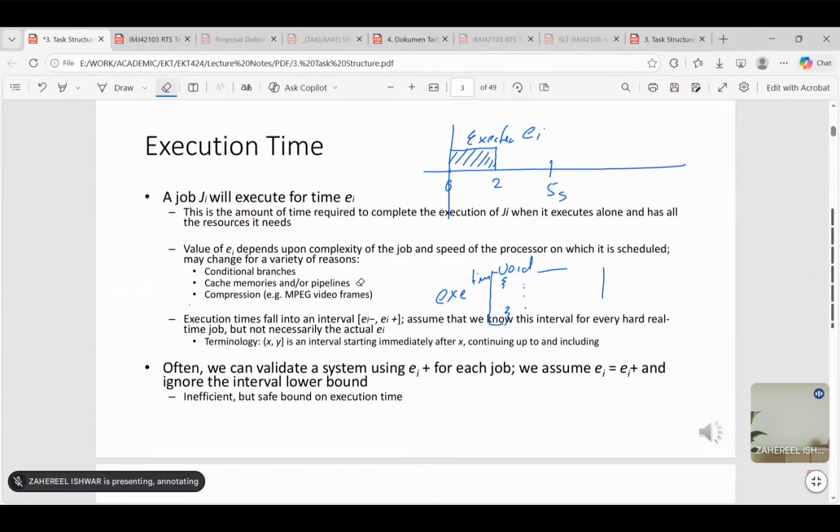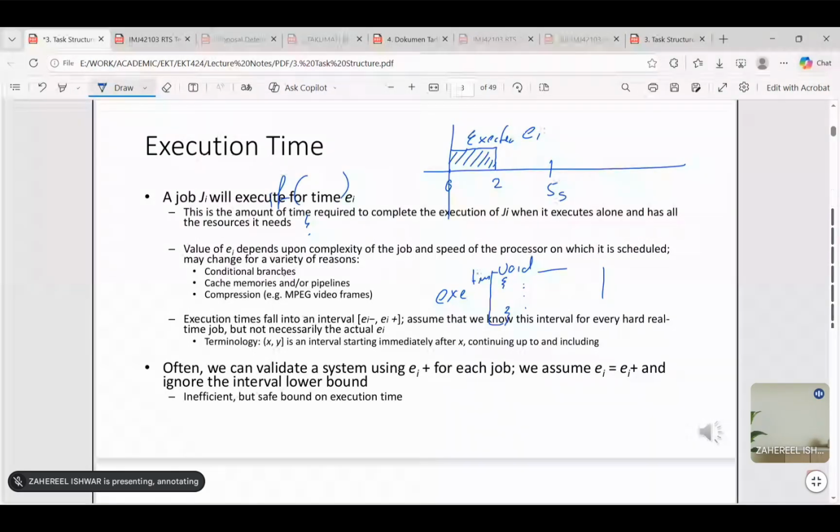Let's say inside your if else, if blah, then you do this, else blah, then you do this, right? Now, if the first time the job runs it executes this one, and the second time it runs it executes that one, of course there is a high potential that the execution time will vary from the first to the second, but it won't vary much depending on what you do inside the if else. So there are plus and minuses.